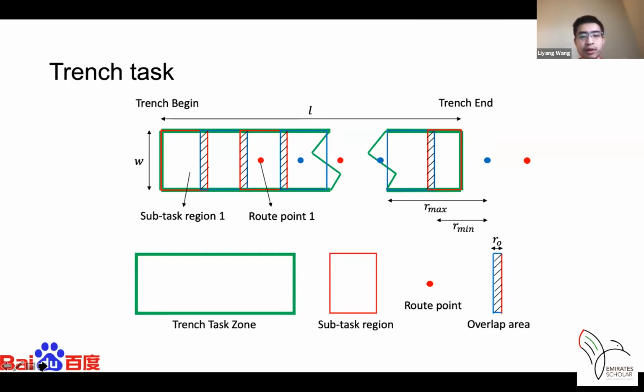So first we stop at route 1 and dig in region 1 until the depth reaches the desired position, and then it drives back to the blue dot, which is the second route point, and then does the same process until finishing the entire trench. So between the 2 subtask regions, we also designed an overlap area, which makes the task more robust and done nicely.